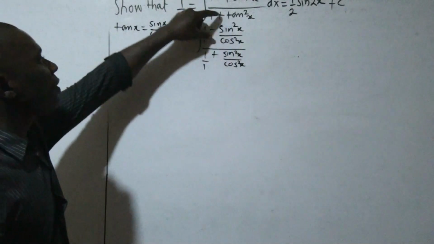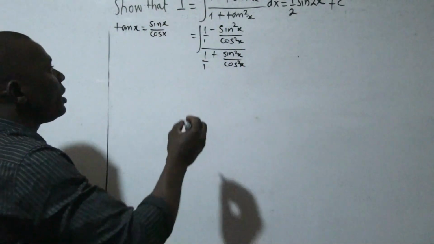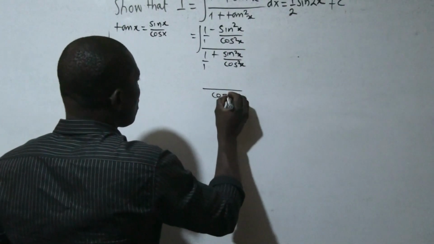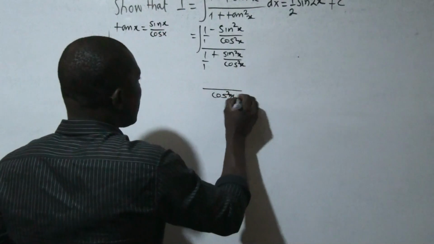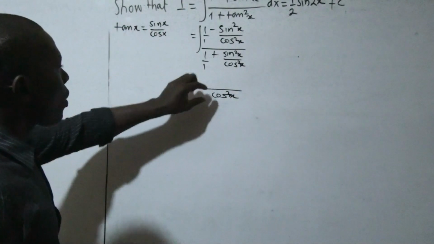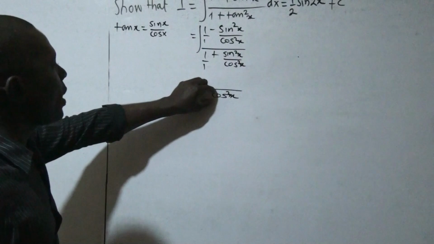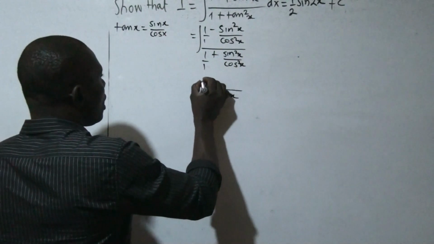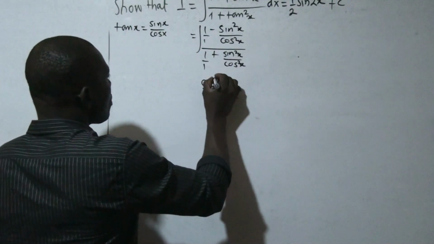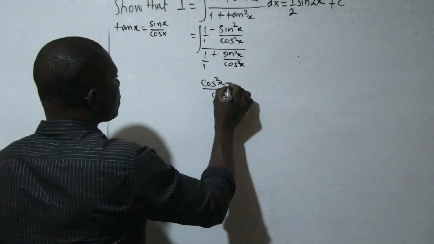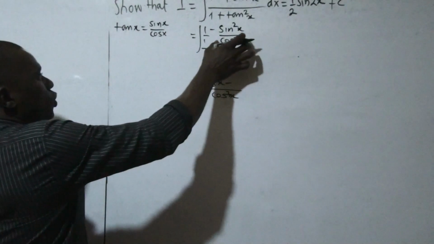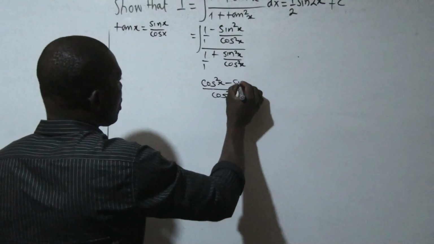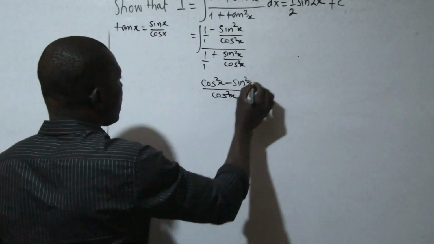Here the LCM of the fraction at the numerator is cos square x. So cos square x divided by 1 is cos square x, multiply by 1, that will give us cos square x minus sine square x over cos square x.